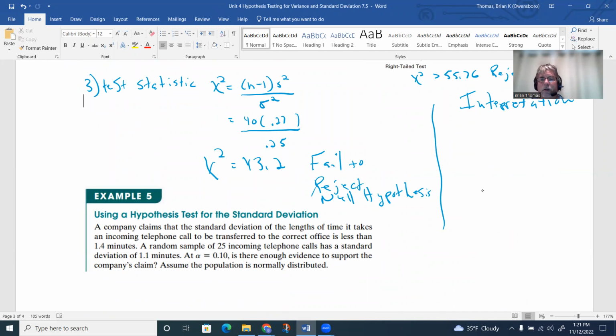So that means there is not enough information to reject the claim.